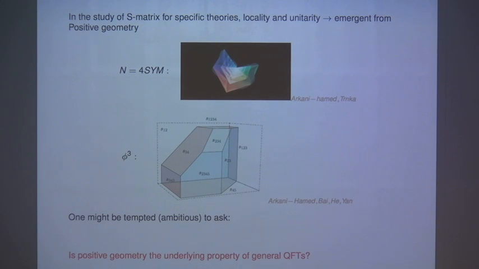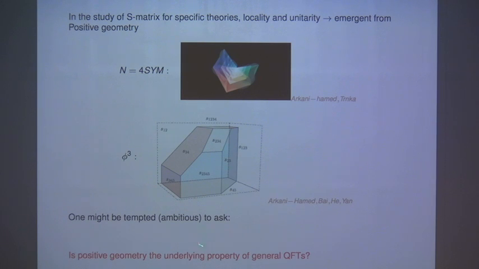An example of this is the now famous n=4 super Yang-Mills, where the perturbative scattering amplitude is now given as a geometric object, which is the amplituhedron. And now we've realized that this is not isolated to this particular theory. For the last year, people have realized there is actually a counterpart for even the simplest phi-cubed interaction, where the tree-level amplitude is now given by what is called the associahedron.